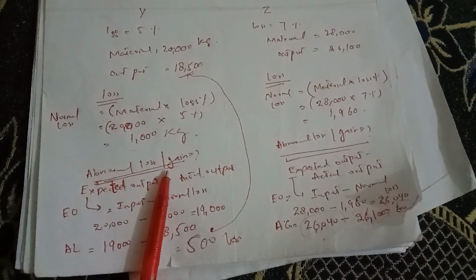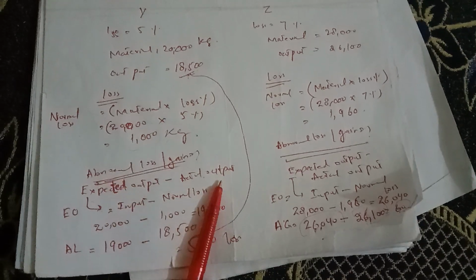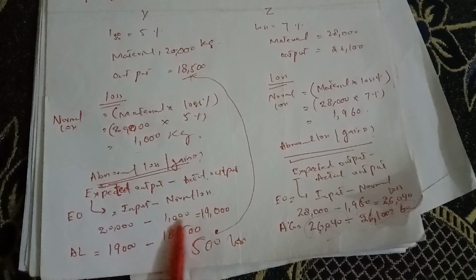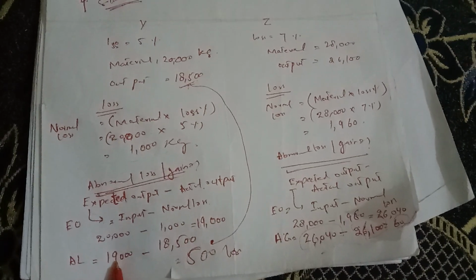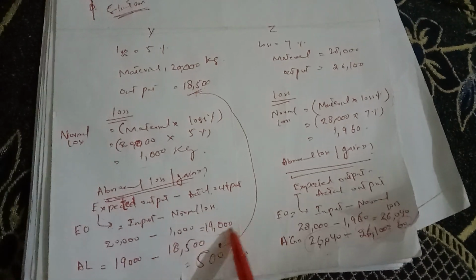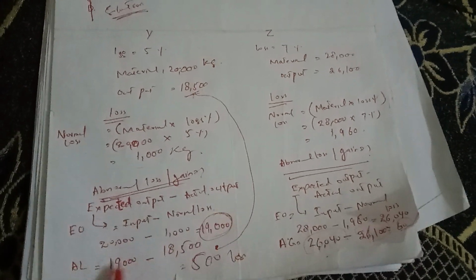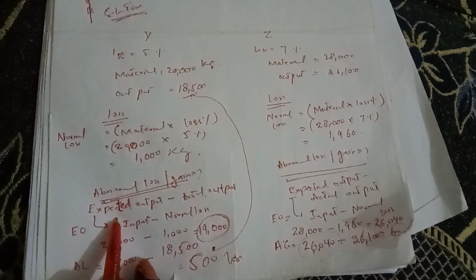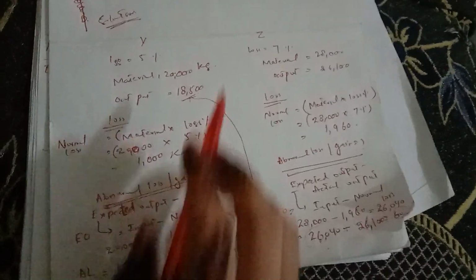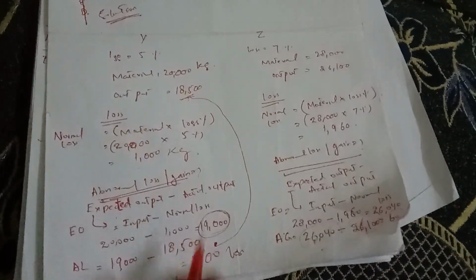How do we find the abnormal loss? Expected output minus actual output. The expected output is input minus normal loss, which is 19,000 as found. The actual output is 18,500.